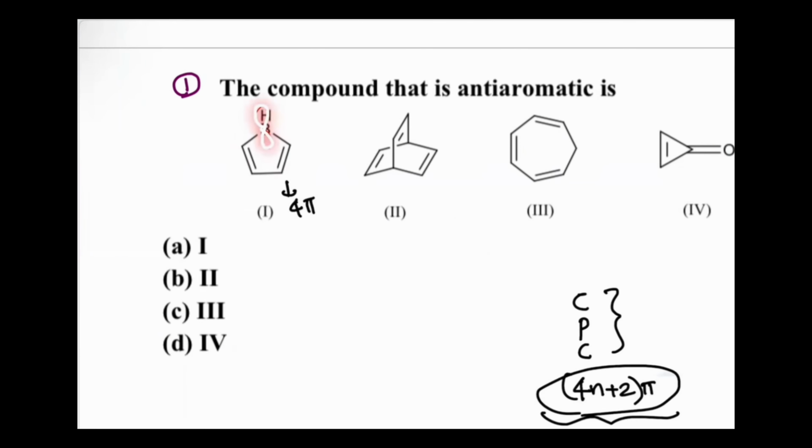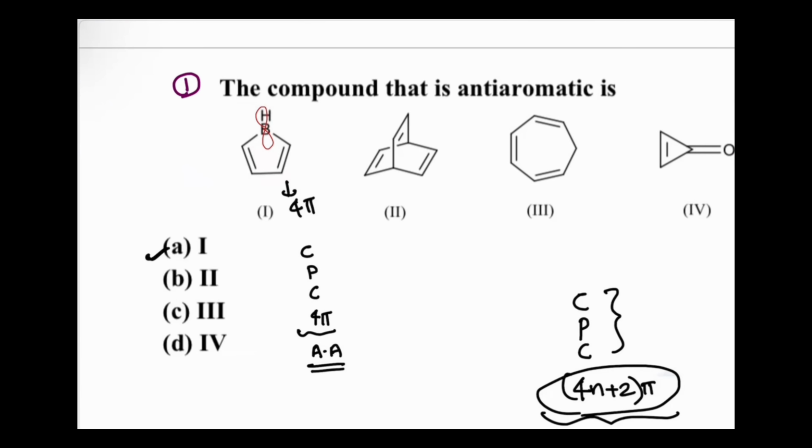It cannot donate any electron to this pi delocalization. So the total number of pi electrons here will be 4. It is cyclic and it is planar because all the atoms in the molecule are sp2 hybridized. If all the atoms are sp2 hybridized, we can see it is planar. And then it is conjugated and it contains 4 pi electrons. So compound A is anti-aromatic. So the answer is option A, 1.